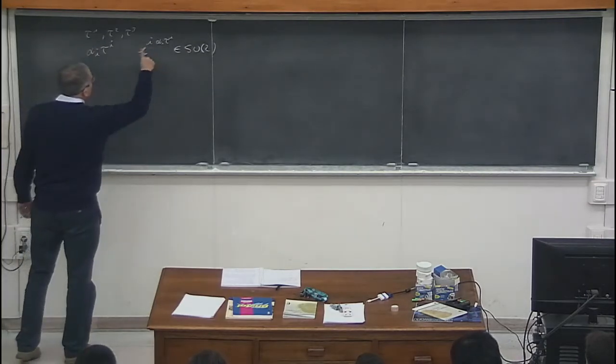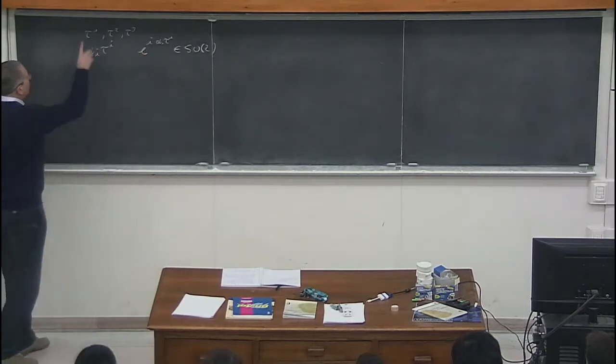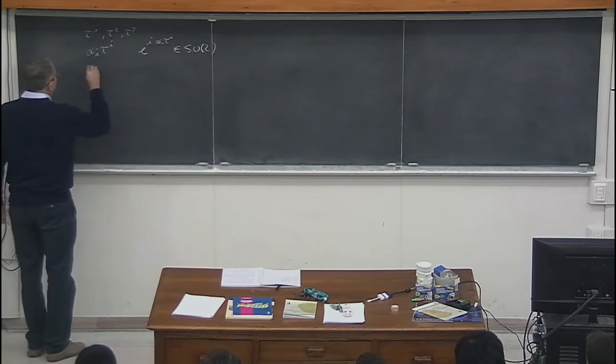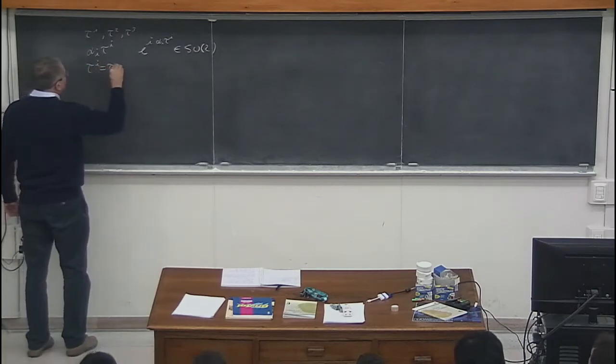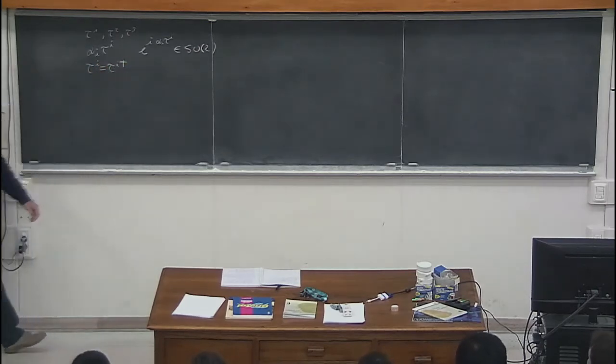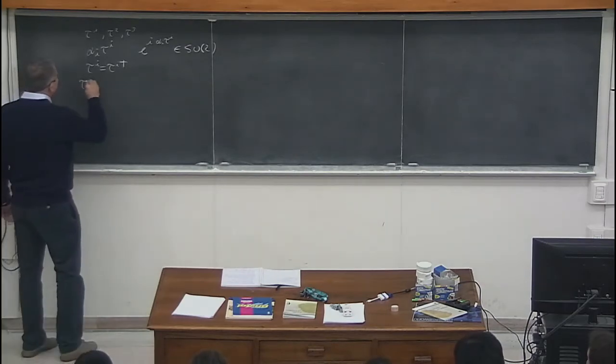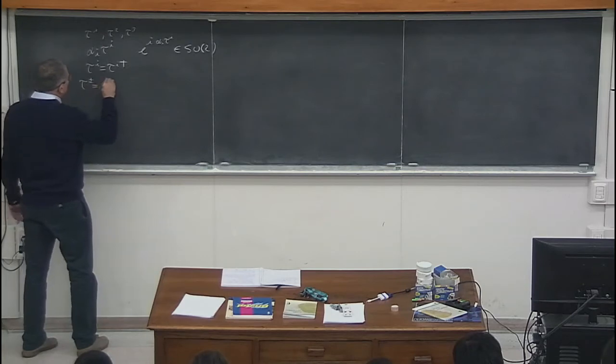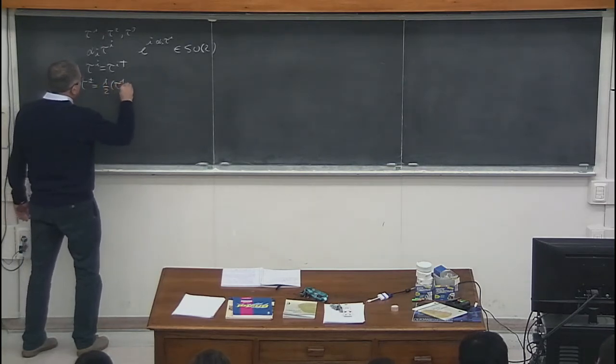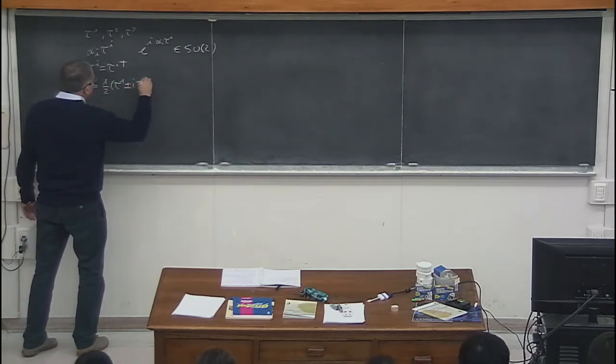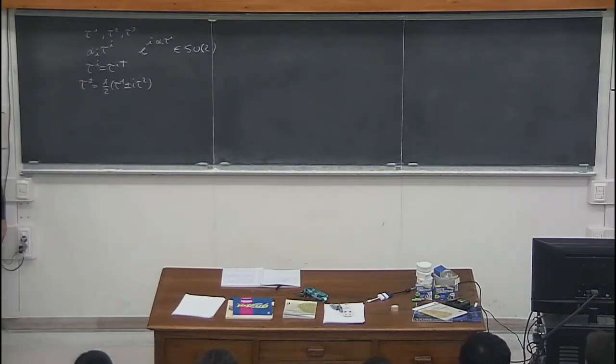And in order for this to be true, these three matrices must be Hermitian, self-adjoint matrices. For the same reason, tau plus and tau minus, which are defined like this, do not deserve the name of generators because they are not self-adjoint matrices.